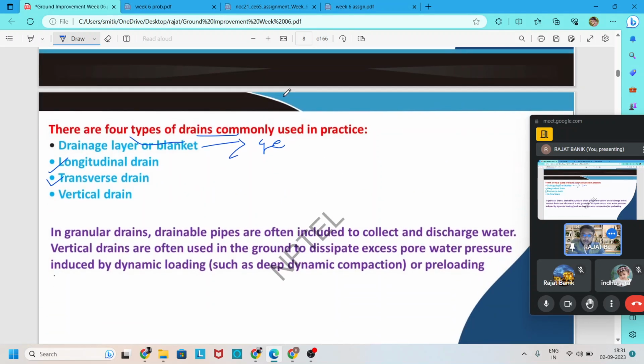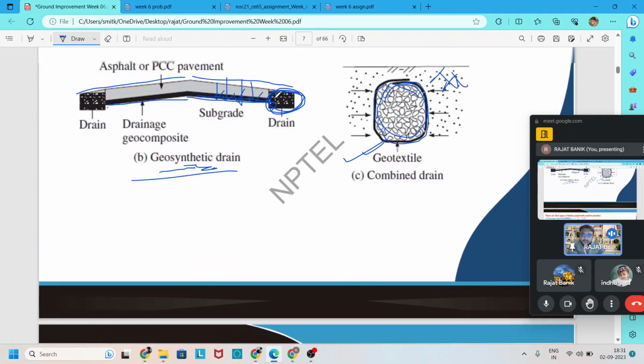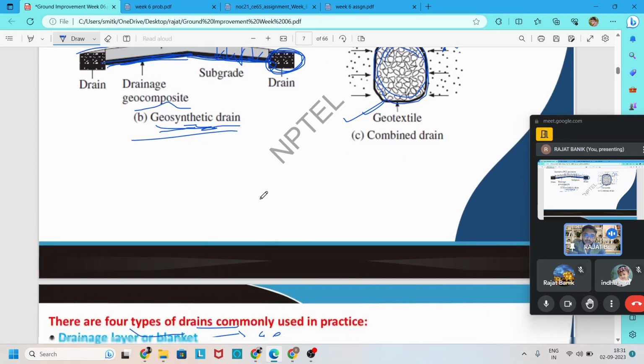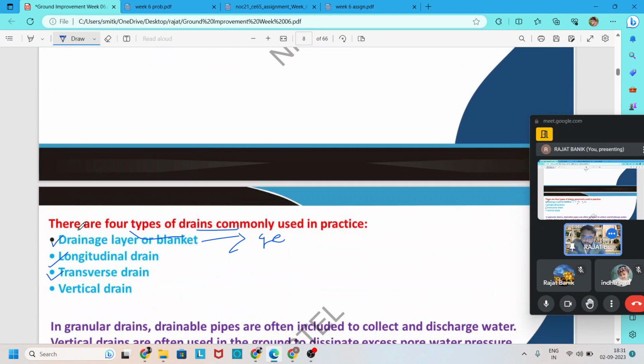You can see it in the previous figure: one layer is incorporated below the pavement surface. This is the drainage layer, and in most cases it is made of geosynthetic material. So this is one type of drain.